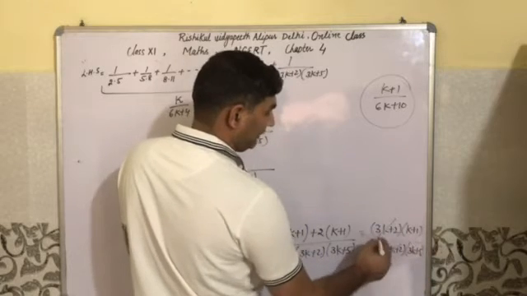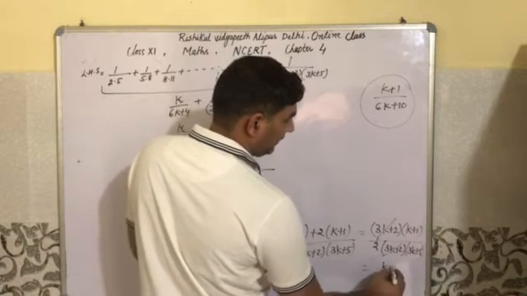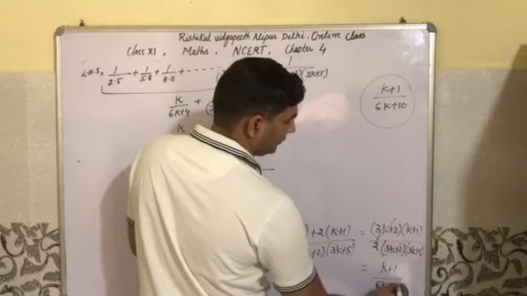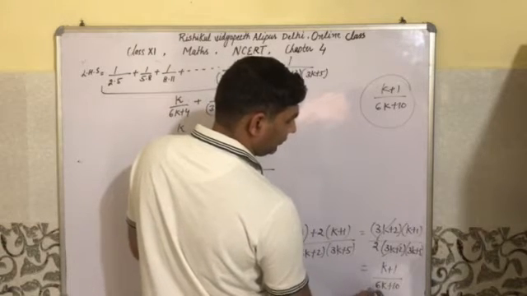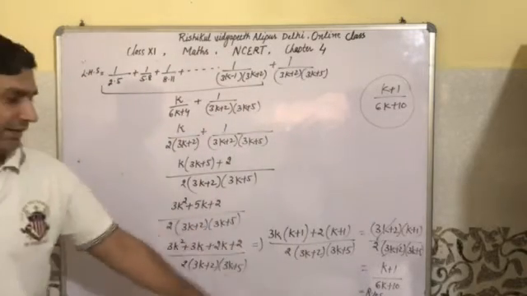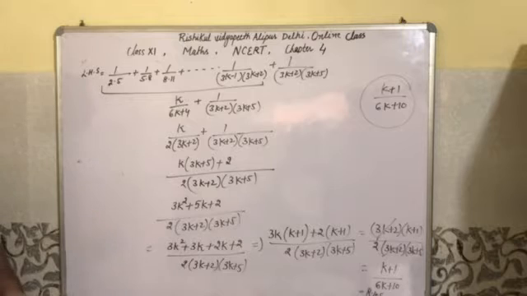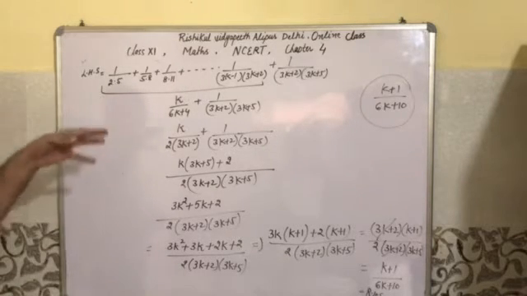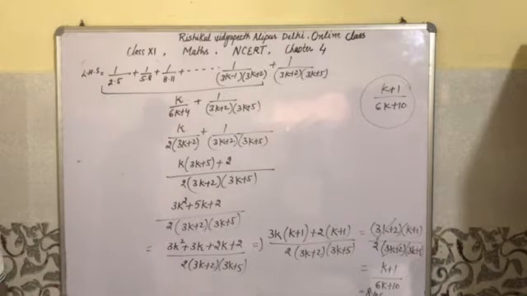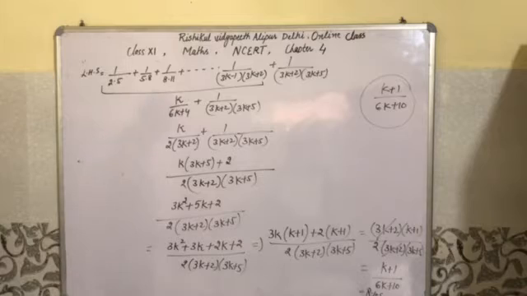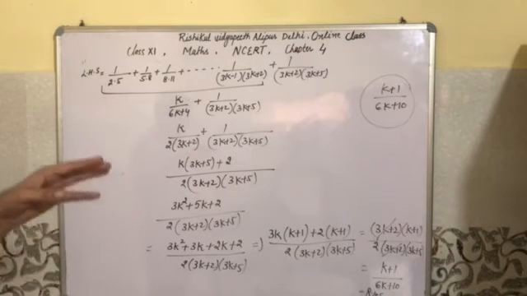This cancels out to (k+1)/(6k+10), which is equal to RHS. We started with the left hand side and got the right hand side. That means P(k+1) is also true. Whenever P(k) is true, then by the principle of mathematical induction, P(n) is true for all natural numbers n.